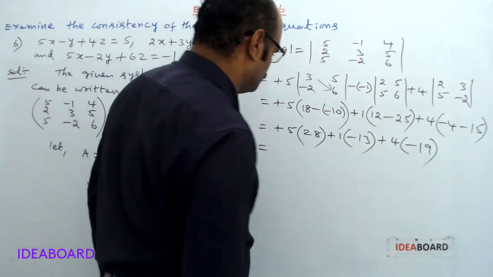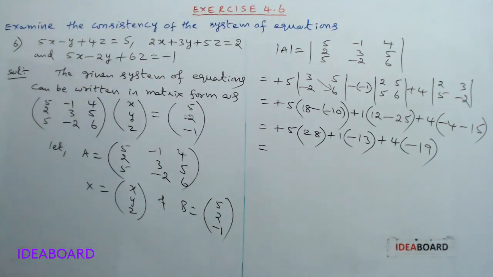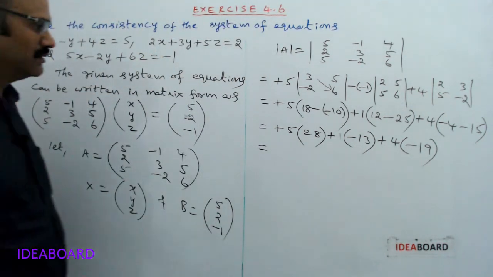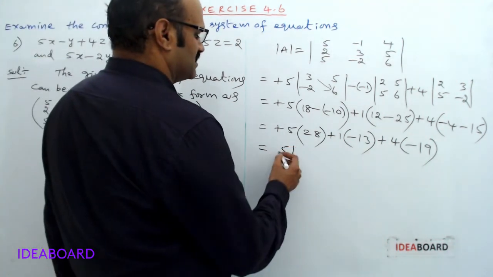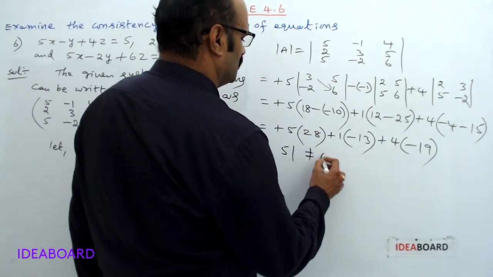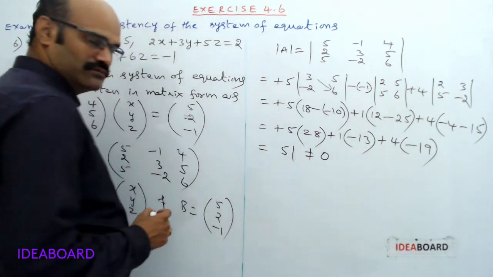So after simplification we get 51, which is not equal to 0.